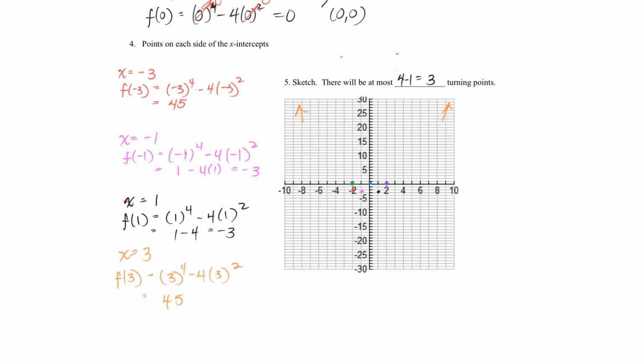I know that it's going to cross at negative 2, touch and turn from below at 0, and cross at 2. And so that's going to give me coming down, turning around, right, at some point, touching and turning around at some point, and crossing. It's going to give me 3 turning points. So I'm going to go ahead and sketch this in with a smooth curve.